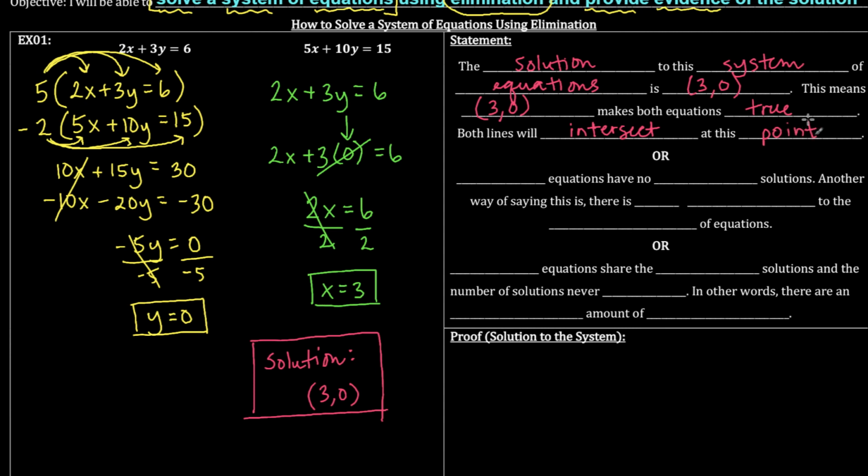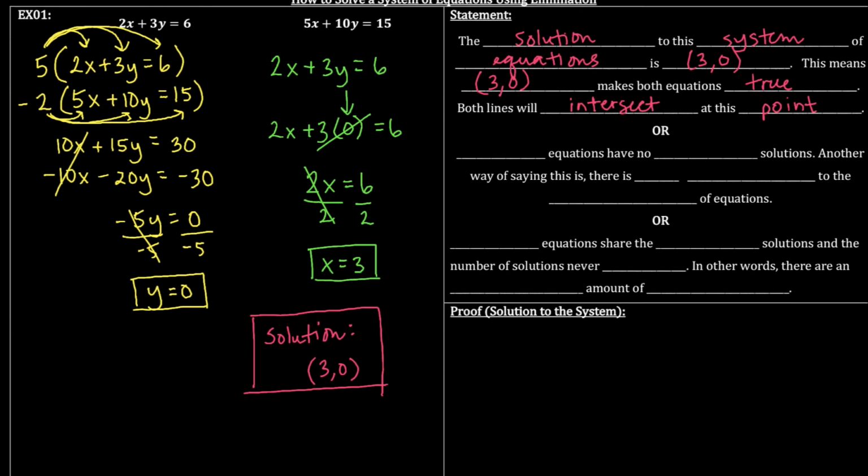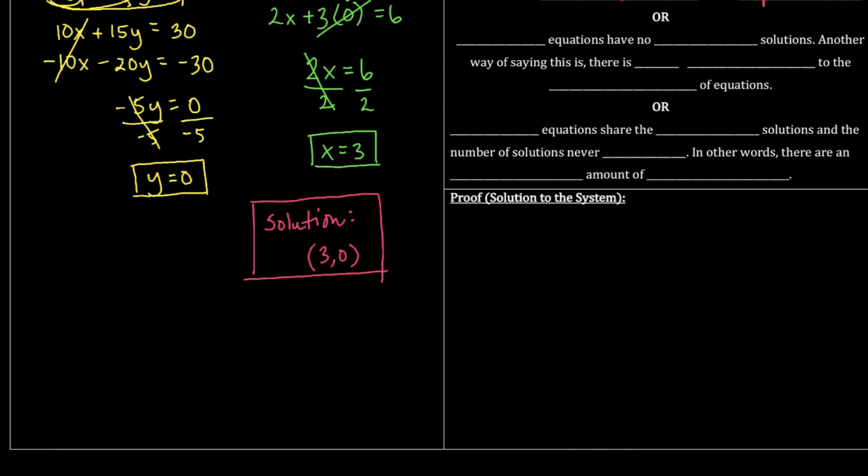All right, so now we're going to prove that 3, 0 is a solution to both of these equations. I will start off with this one. I'm going to write the solution here.